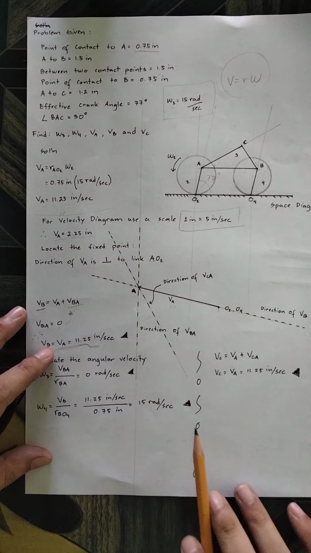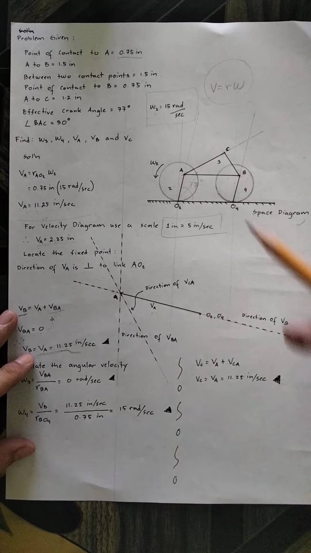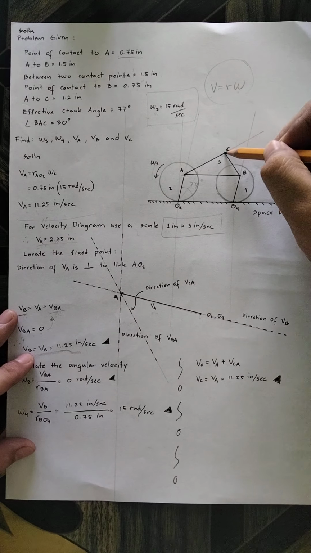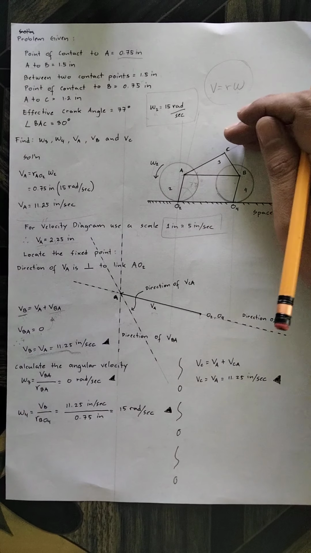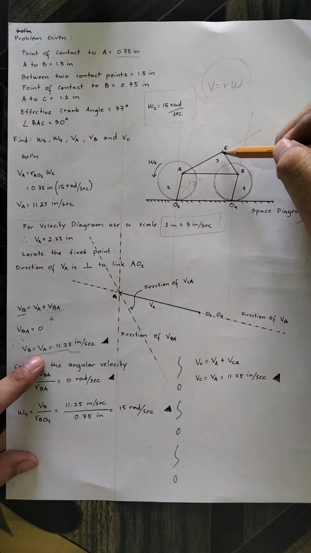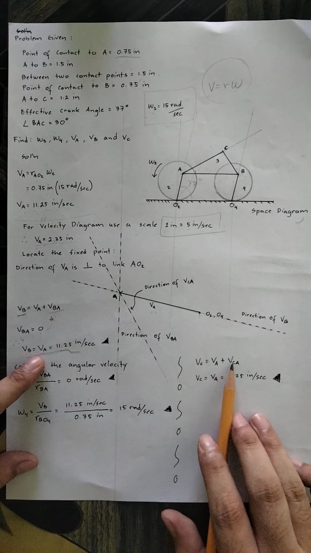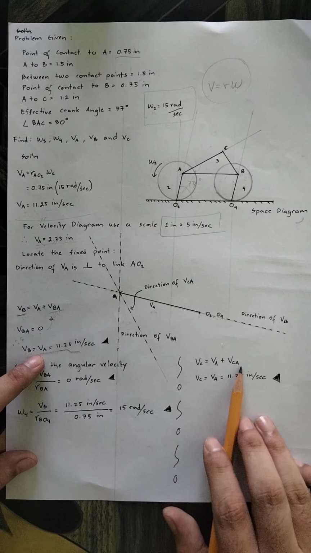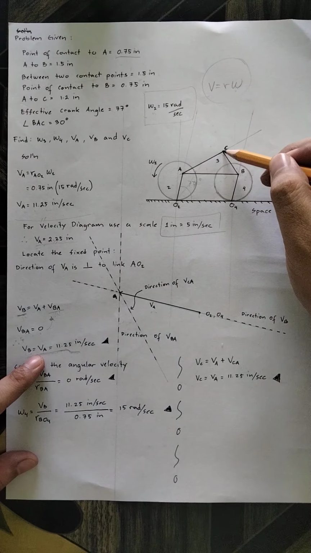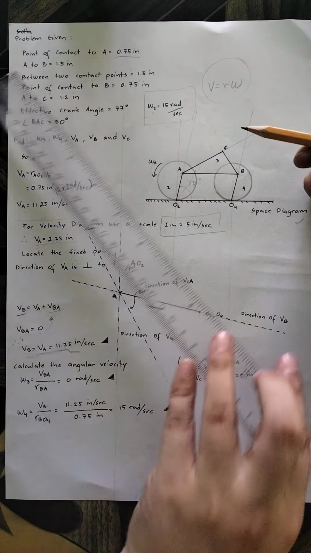Okay? Then the next is we need to calculate the velocity at C. If this is point C here, recall that to calculate the velocity of C, it is just equal to the velocity of A plus the velocity of C relative to A. Right? If this point is A and this is point C, then it is connected to point A. So we will draw a perpendicular line.